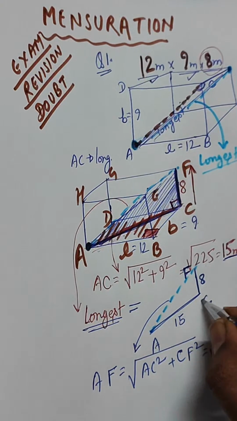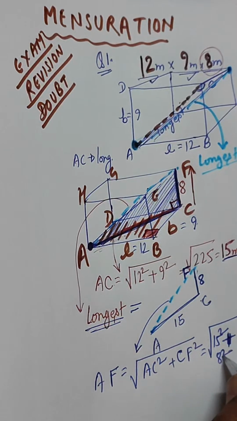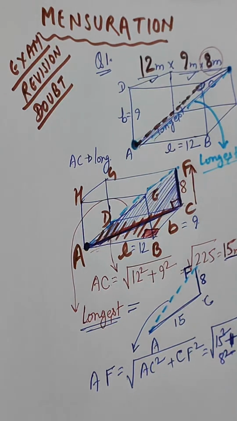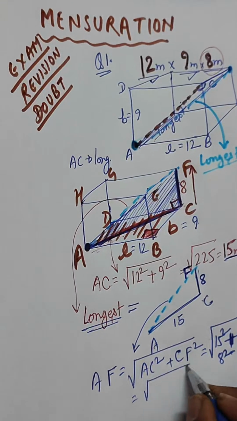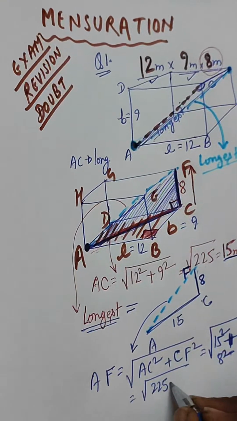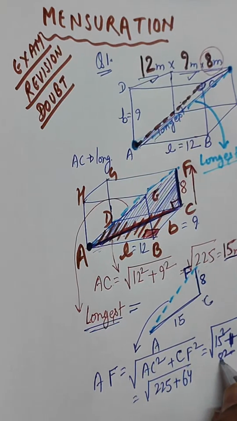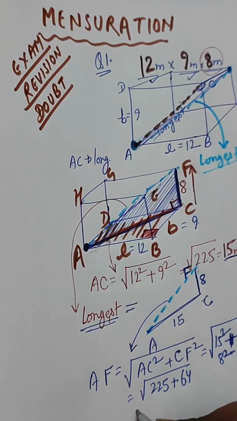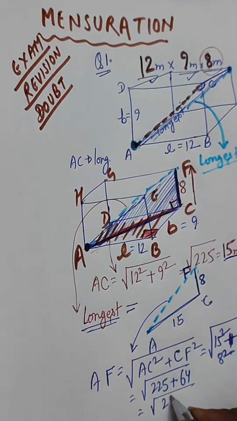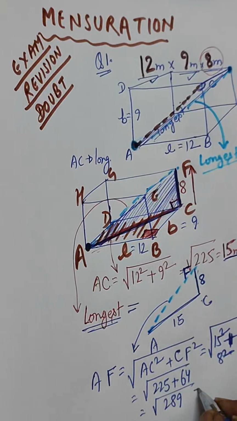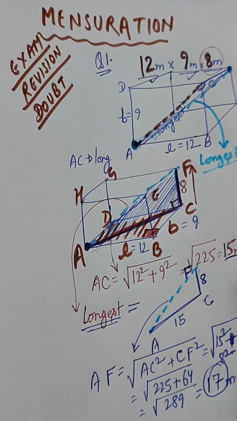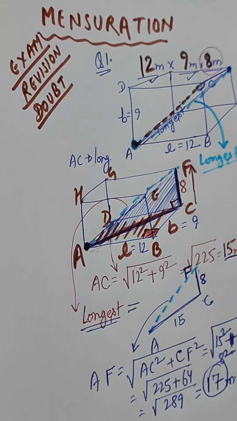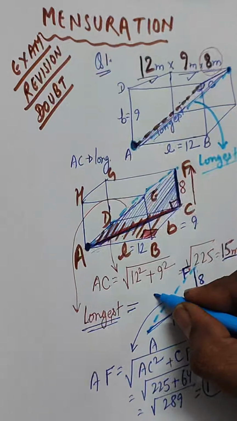CF square is nothing but 8 square. So my dear friend, this is the length of the longest diagonal. Root over of 15 square plus 8 square, that means root over of 225 plus 64. 8 square is 64. So this will be giving you root over of 289. So our option is 17. So 17 meter is the length of the longest diagonal. This is your answer, my dear friend.